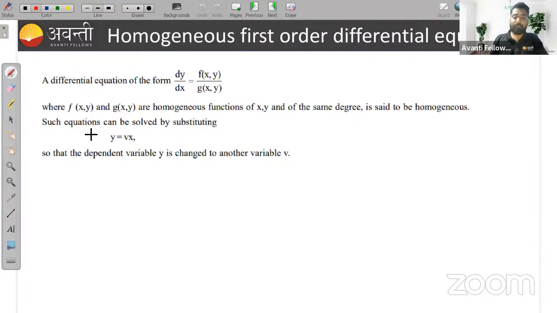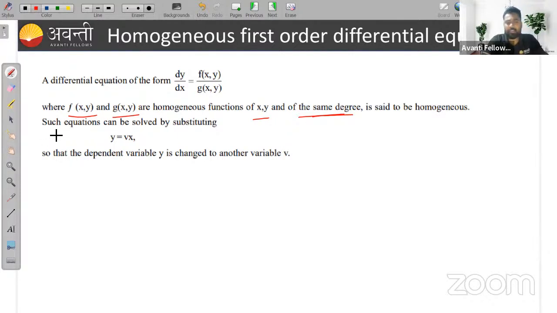If f of xy and g of xy are homogeneous functions of the same degree, such equations are said to be homogeneous.